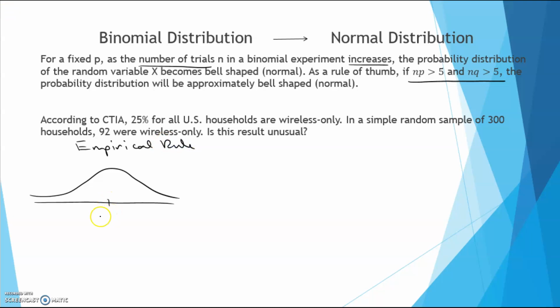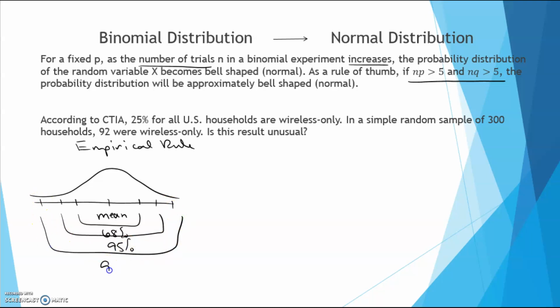We said that the mean goes in the middle, within one standard deviation that is 68%, within two standard deviations that is 95%, and within 3 standard deviations that is 99.7%.